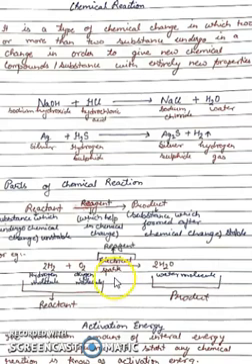Now, what are the things which help in the process of any chemical reaction? The main important thing is activation energy. Basically, activation energy is the minimum amount of internal energy which is required to start any chemical reaction.